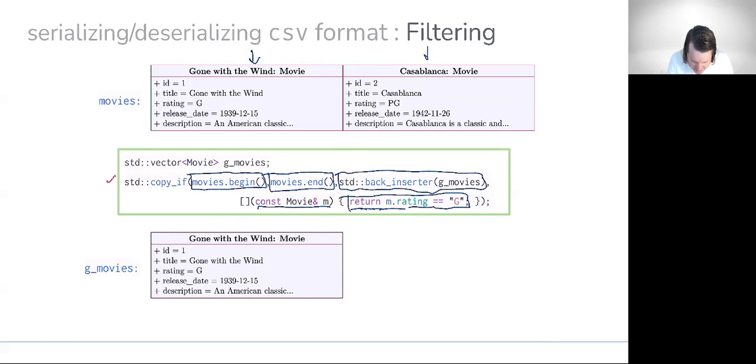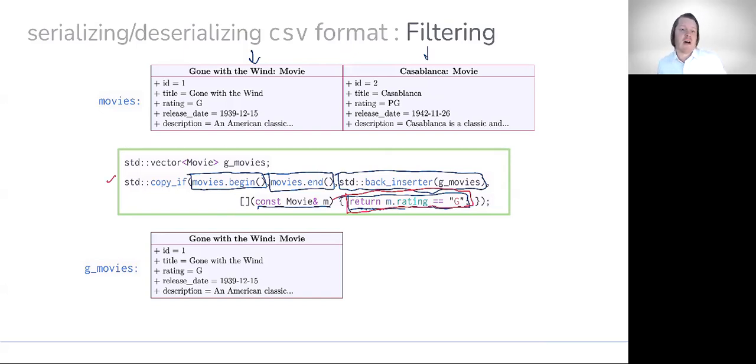Notice that this conditional here governs whether or not a movie is pushed back into G movies. I could change this to look at some other criteria. I could say if m.id is equal to 1, push it back to G movies. If the ID is not equal to 2, push it back to G movies.